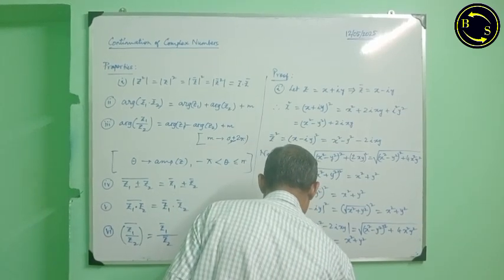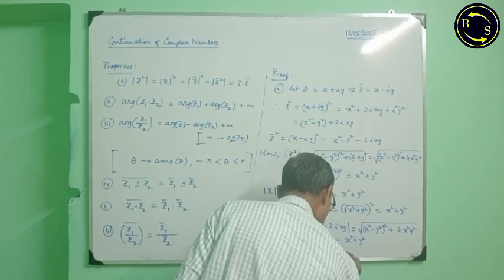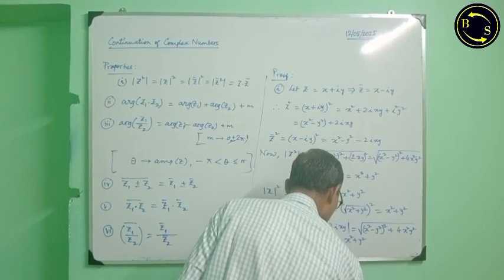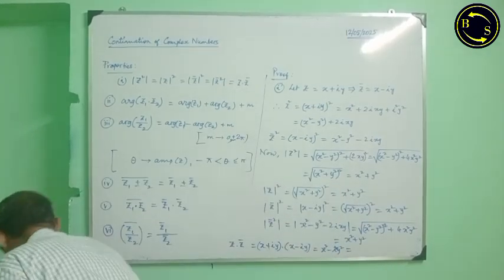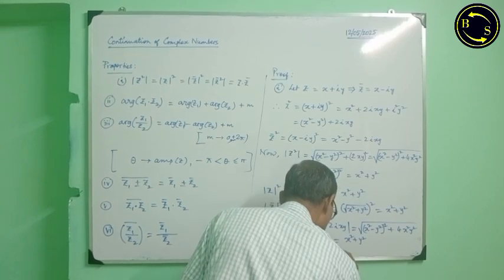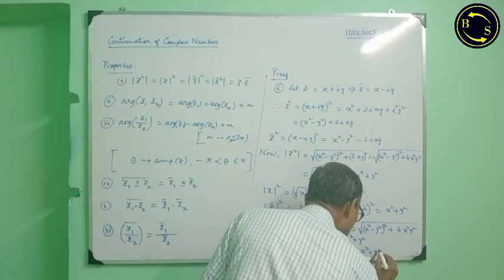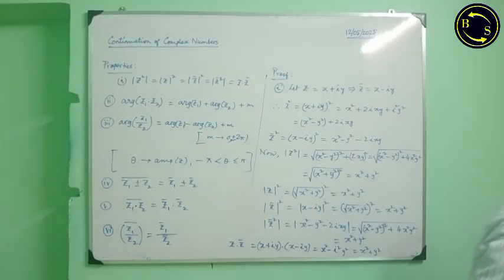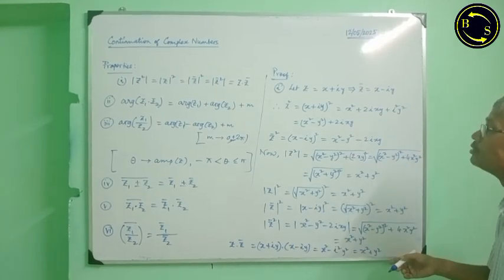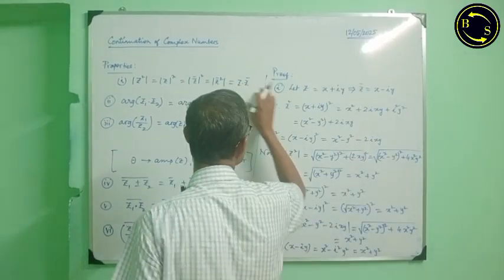On multiplication, that is x square minus i square y square, that is equal to x square plus y square. Thus we see all 5 values are equal. Therefore, this property is proved.